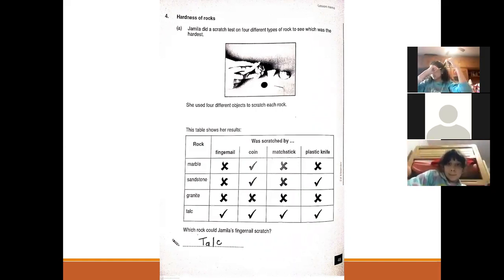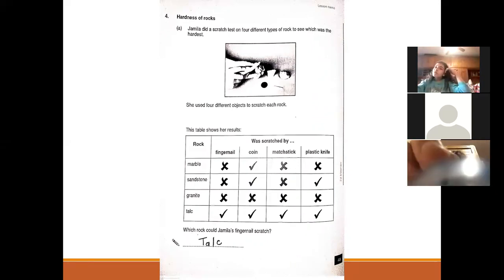Okay. Now, page 48. It's also about the hardness of rocks, but this time we are not going to use different rocks. No, we are going to use tools. And what tools are we going to use?